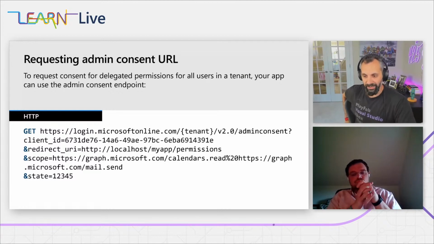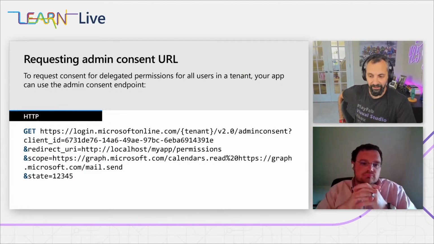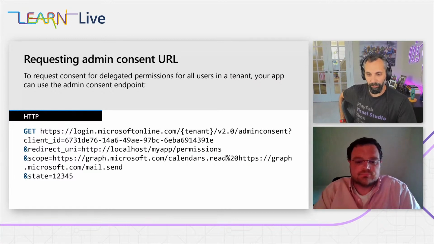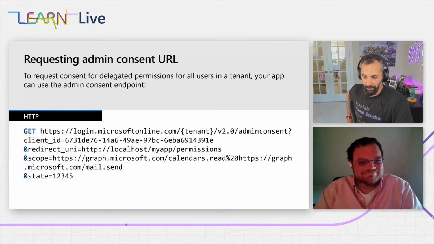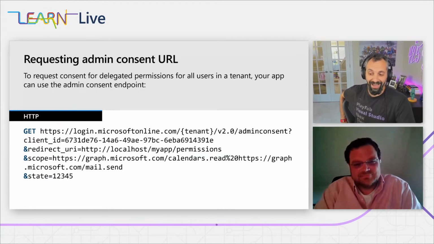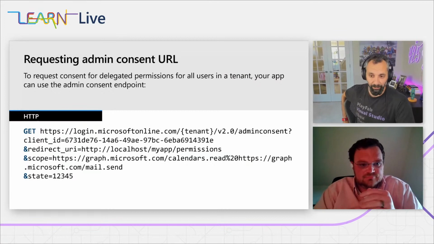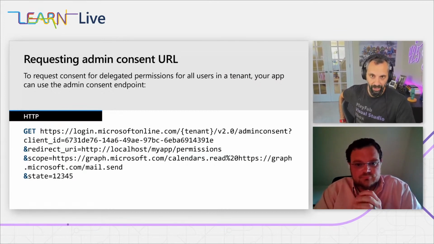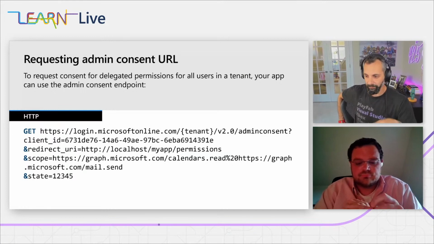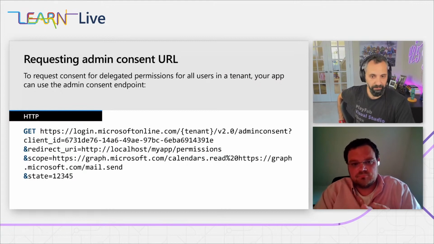And usually they're the ones that have to consent to things, as we just said. So I think they do a better job catering to IT pros than to developers. In some cases, developers won't even have access to edit or create app registrations, so they have to go through a process. It all comes down to how locked down your Azure AD is and how locked down you want it to be. JP, any thoughts on that?